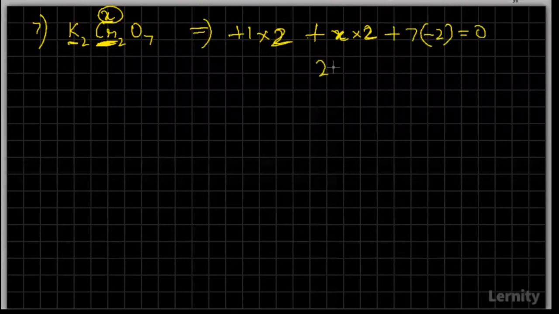So here I'm finding 2x, and here it's -14 and here +2. So you'll get -12, which goes to the other side as +12. So your x will be +6. So the oxidation number of chromium in potassium dichromate is +6.